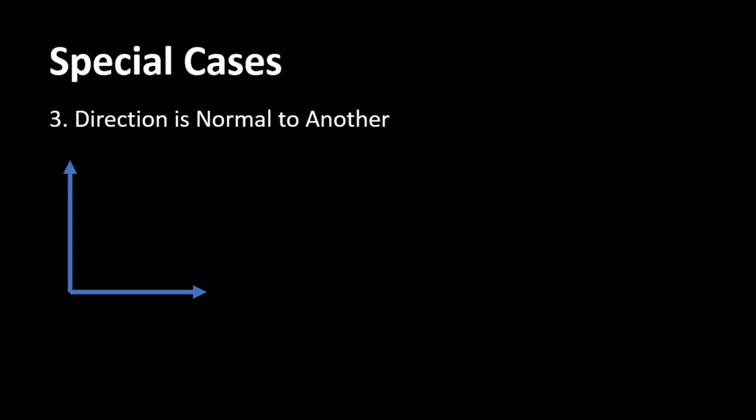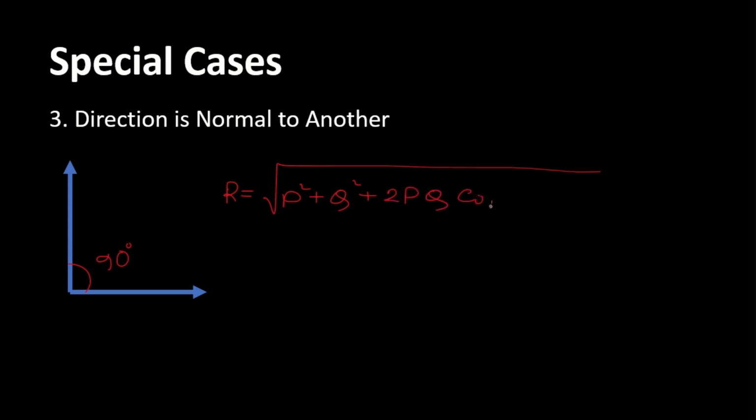The last and final case is when the direction is normal to another, just like this. So we can write R equals to root over P square plus Q square plus 2PQ cos 90 degree. Cos 90 degree means 0.